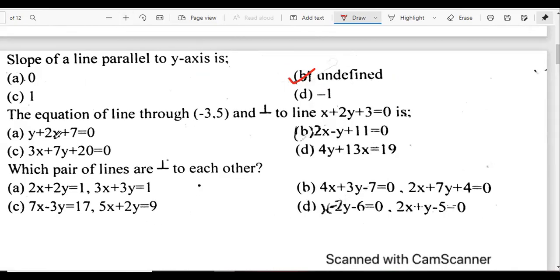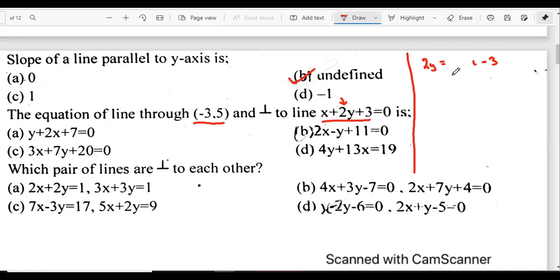So this time around, the question says, the equation of the line through (-3, 5), and that is perpendicular to this is what? Now, this is very simple. The only thing is we need to write this in a simple form, and that is I'll make y the subject. So x plus 2y plus 3 equals 0.